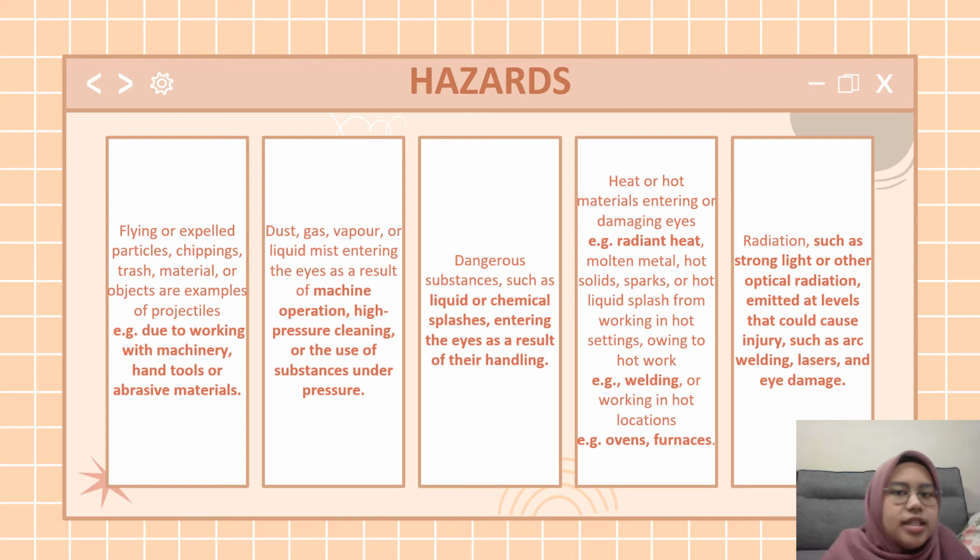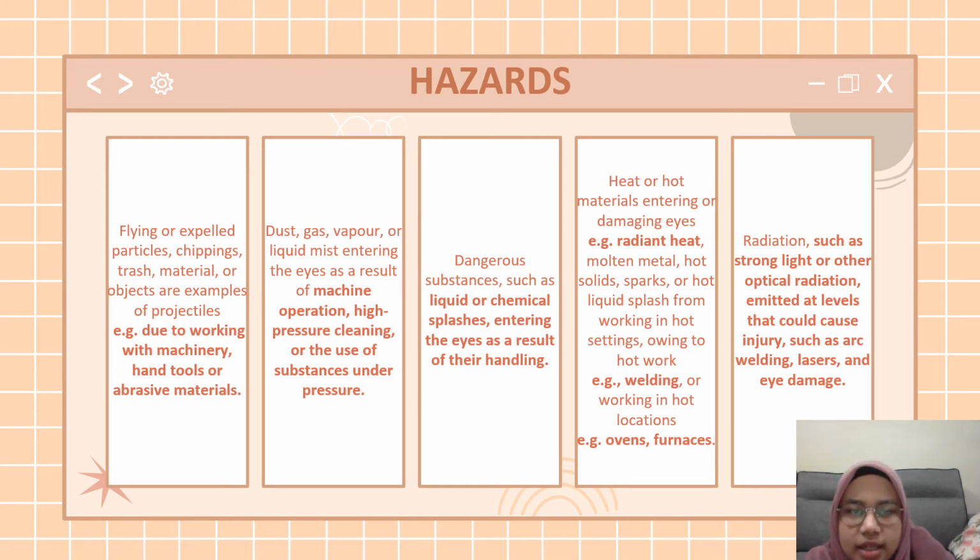So the next one is hazard. The hazard for this PPE is flying or expert particle, such as when you're working with machinery. Next, dust, gas, vapor, or liquid from machine operation, high pressure cleaning, or the use of substance under pressure.